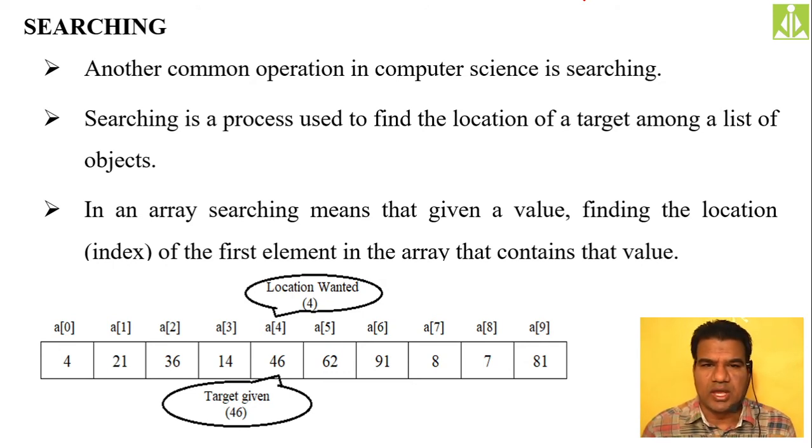In general, don't consider any specific domain, just your day-to-day life. Searching means what? We are looking for something, isn't it? We are hunting for something. That is what we call searching.